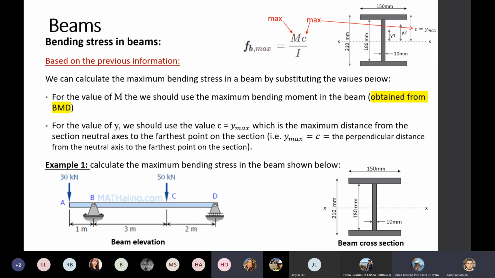Reaction. The diagram. Moment diagram. So reactions, moment, all of them correct. The first thing first is reactions, and then we have to find the maximum moment. Can you please find the bending moment diagram or the maximum moment? It's up to you, the only way to find it is to draw the bending moment diagram. Can you please do that and give me the maximum moment on this beam, please?